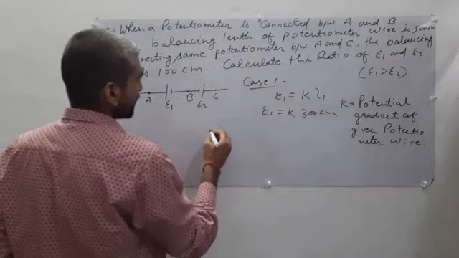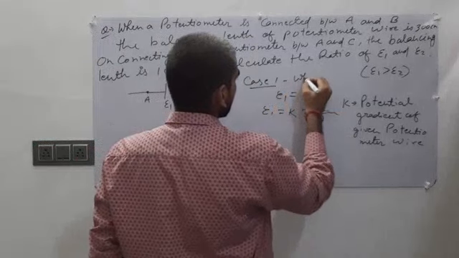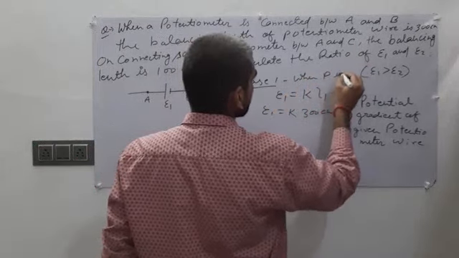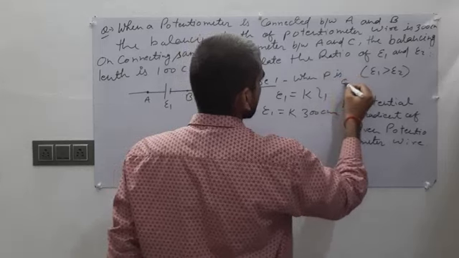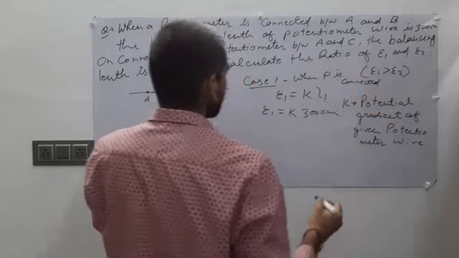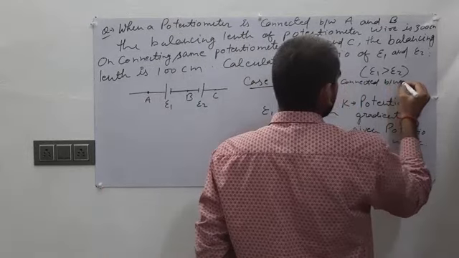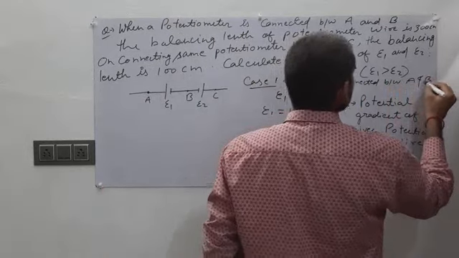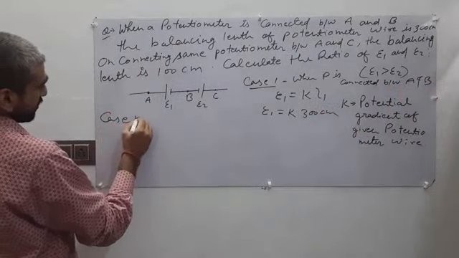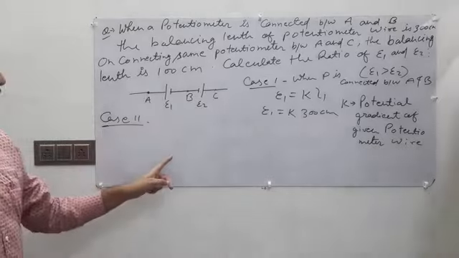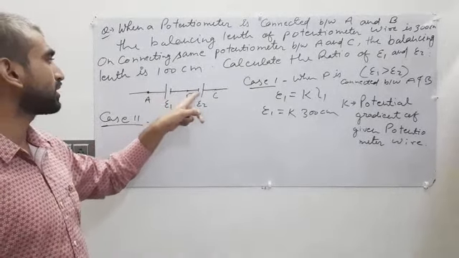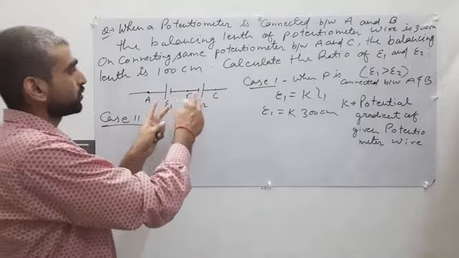Now case second, when potentiometer is connected between A and C, you notice that these two cells are opposite in terminals.